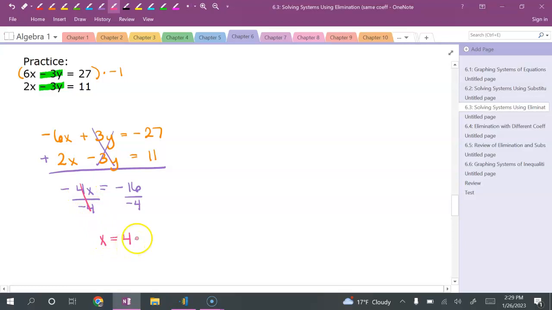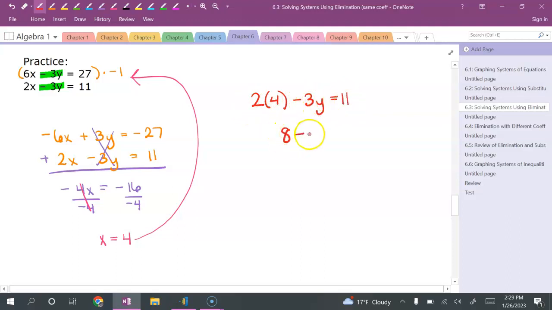Then I take that and I plug it back into the beginning. I went ahead this time and I used the bottom equation just because it looks a little bit easier because the numbers are smaller, I guess. So I'm going to put 2 instead of x, I'm going to put a 4 in. Minus 3y equals 11. So I have 8 minus 3y equals 11.